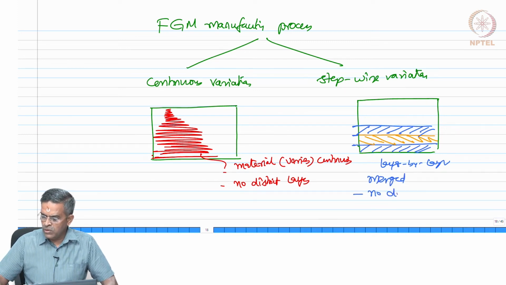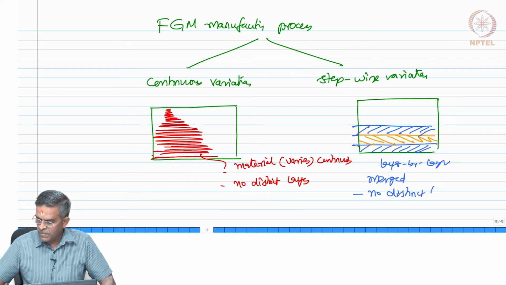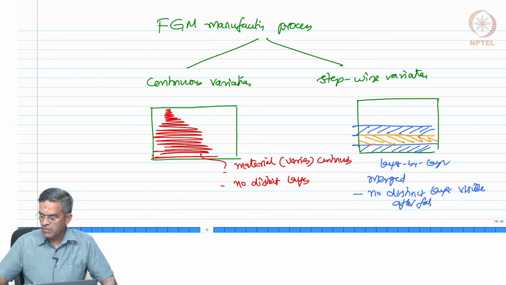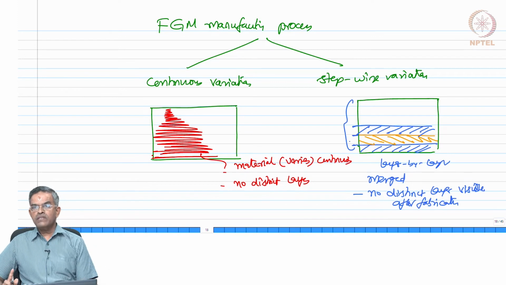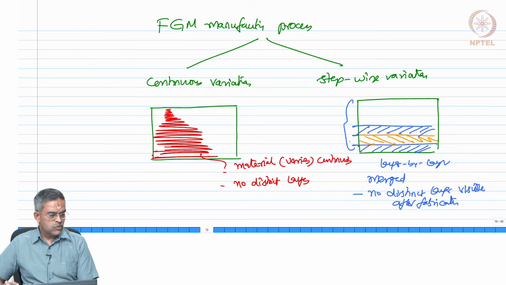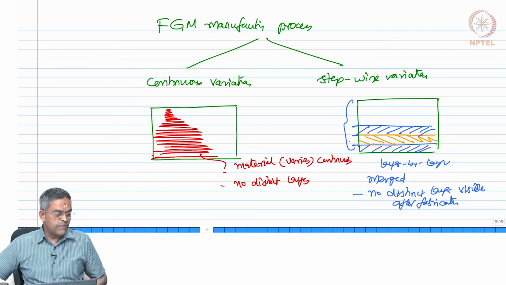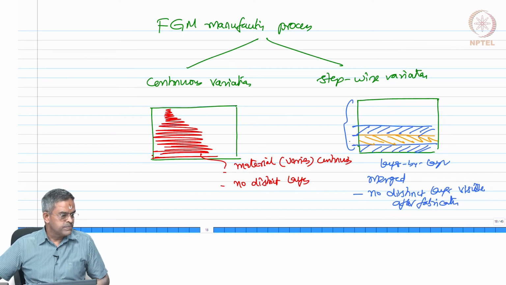There will be no distinct layers visible after fabrication. That is very important. It will look like a single material, but the manufacturing is done in layers. So, that is the method of manufacturing FGM. One is called stepwise grading, the other is called continuous grading.